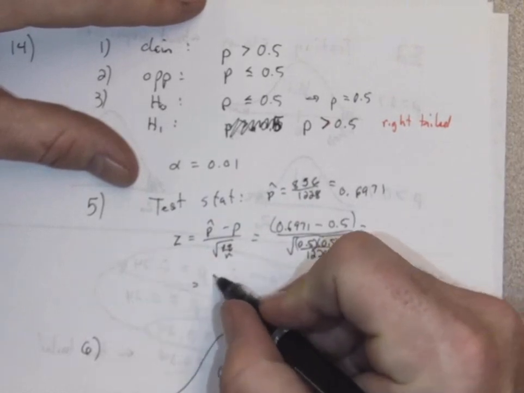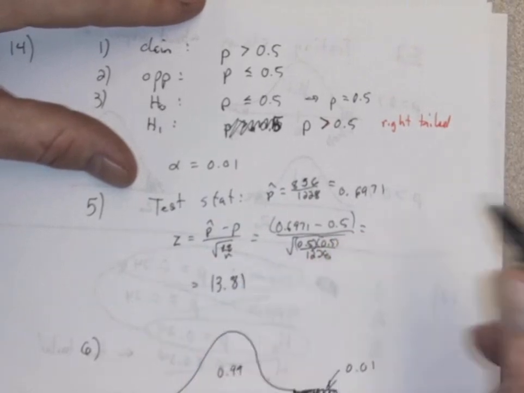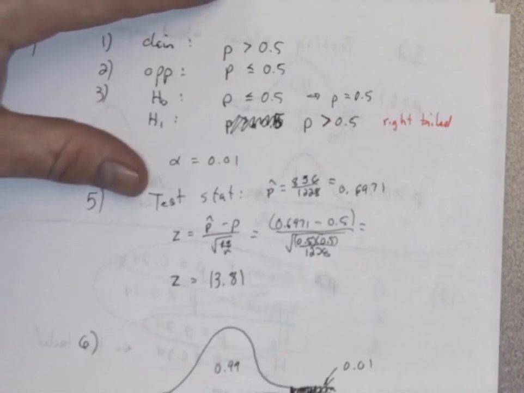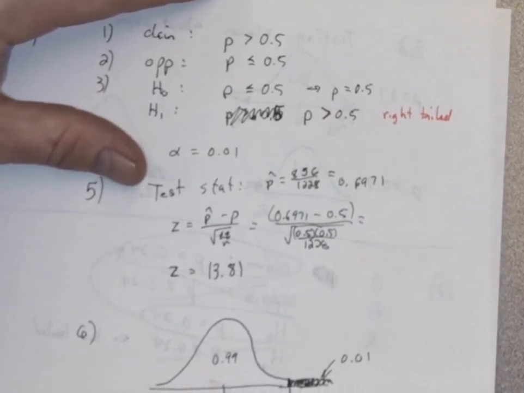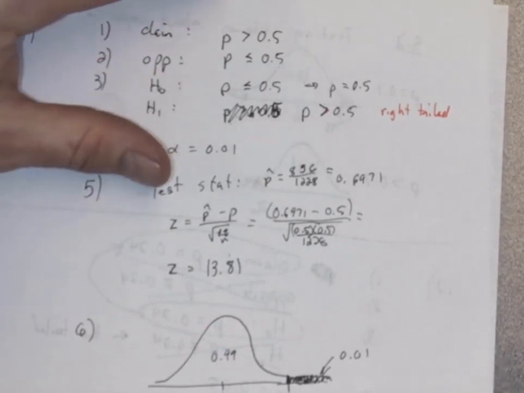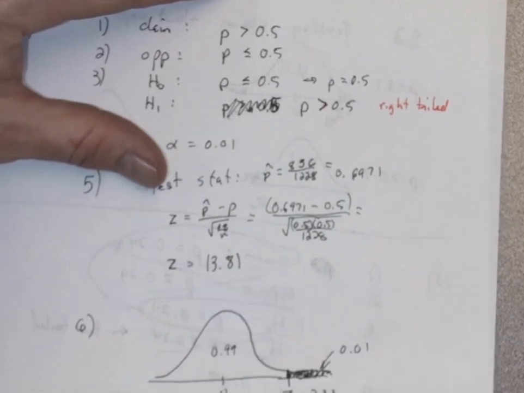Holy smokes, 13.81. Remember, that's a z-score. A z-score represents how many standard deviations, right? So this is almost 14 standard deviations above the mean.